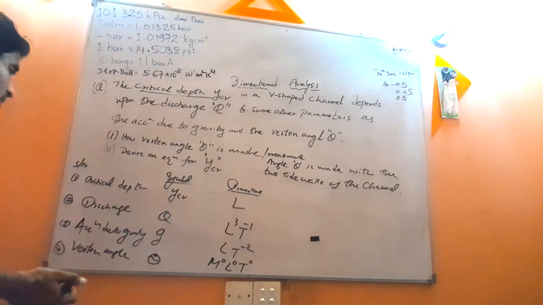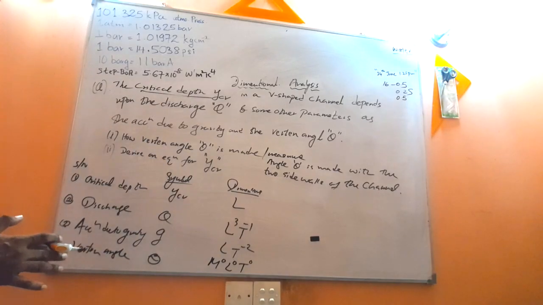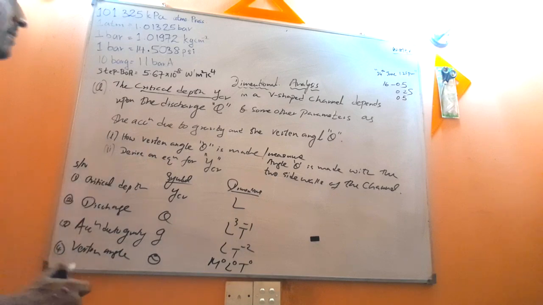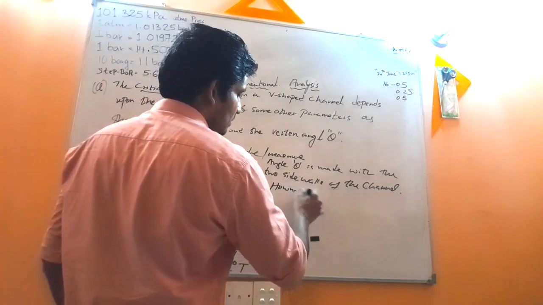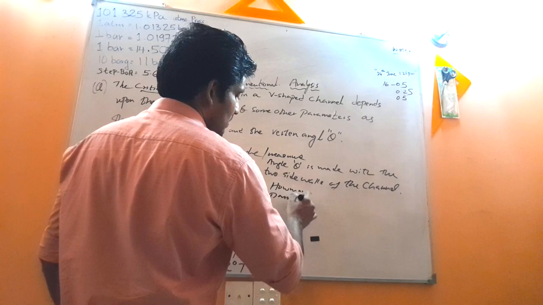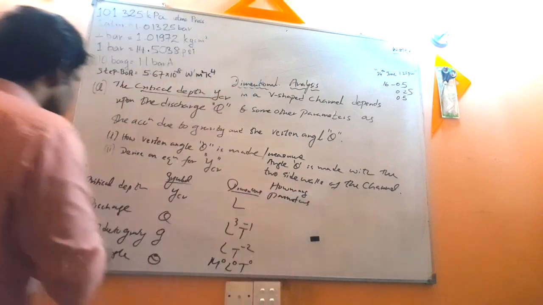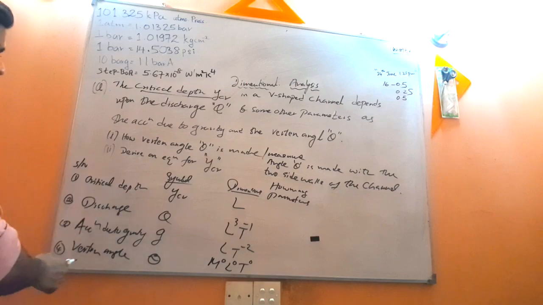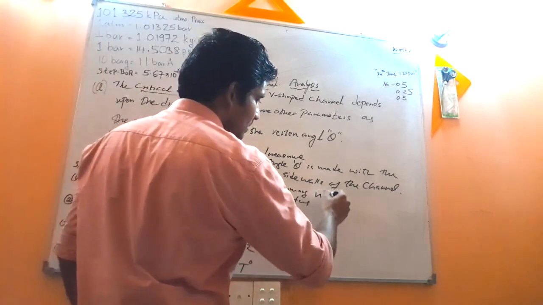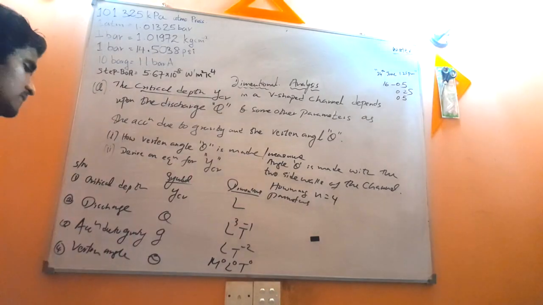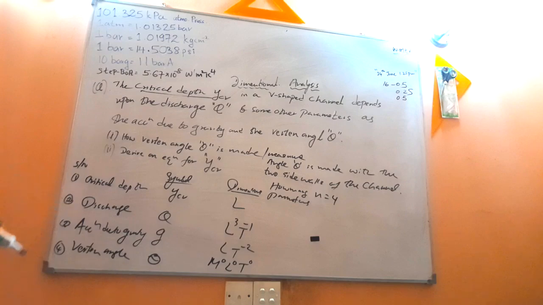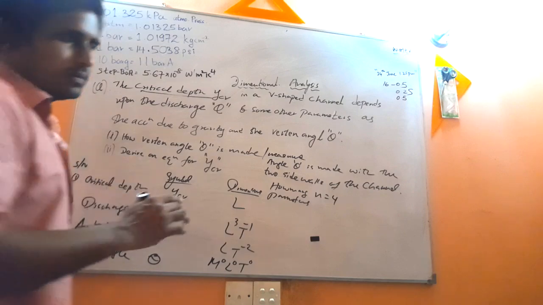Now, how many parameters do we have in the problem? Parameters 1, 2, 3, 4, so n equals 4. How many basic dimensions are used in the problem? Be very careful.